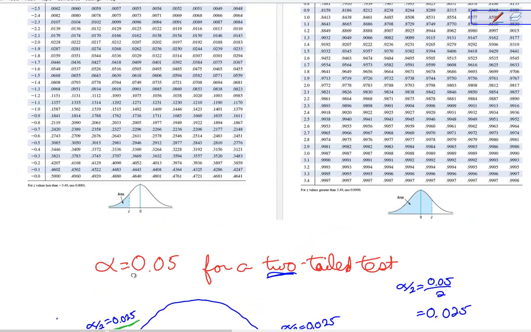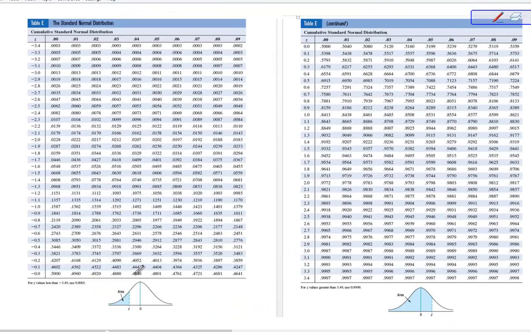So I come back up to my table, and I want to look up 0.025. So I'm looking here, 0.02, and right here is 0.025. So I have 0.025, and I follow it. That's a negative 1.96.